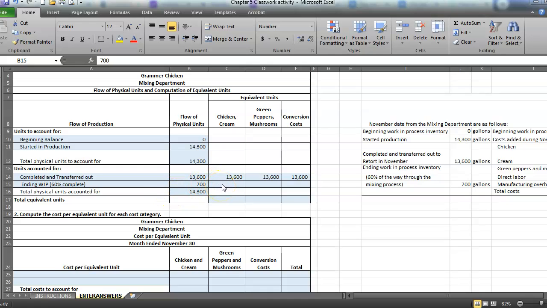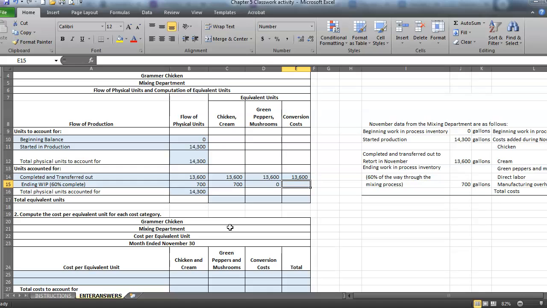So now we want to deal with this WIP, 60% complete. So it is in the mixing process, which right here is the mixing process. So we're going to put in the units that are still not complete under that category. But we also want to deal with the conversion costs associated with it.